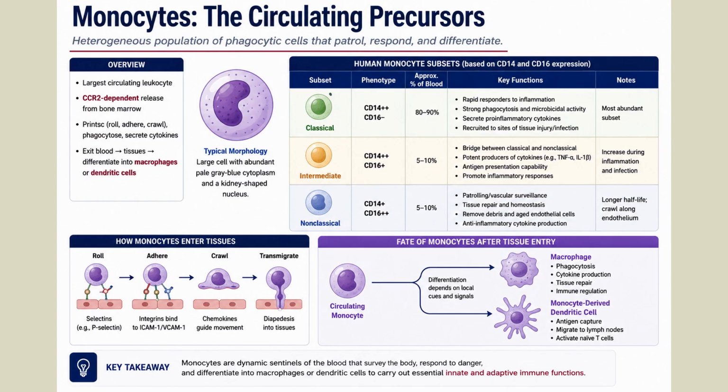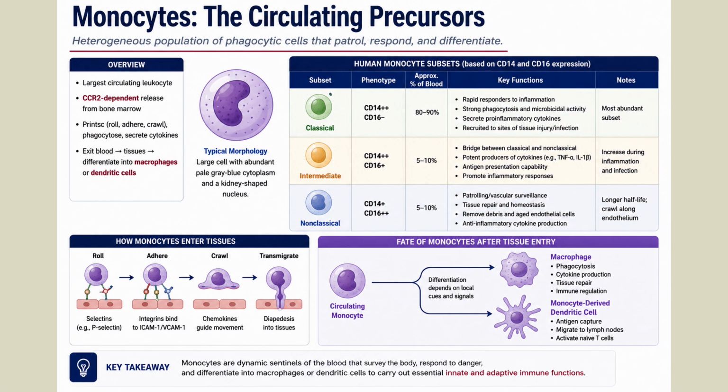So imagine you scrape your knee and introduce bacteria into the damaged tissue. Neutrophils may dominate the earliest wave of recruited leukocytes, but the immune system doesn't end there. Circulating classical monocytes can also be recruited towards inflammatory signals, interact with activated vascular endothelium, leave the bloodstream, and enter the affected tissue.